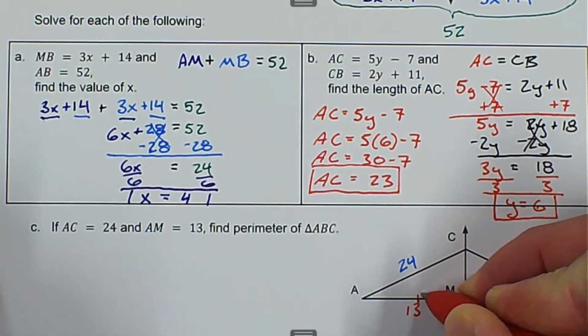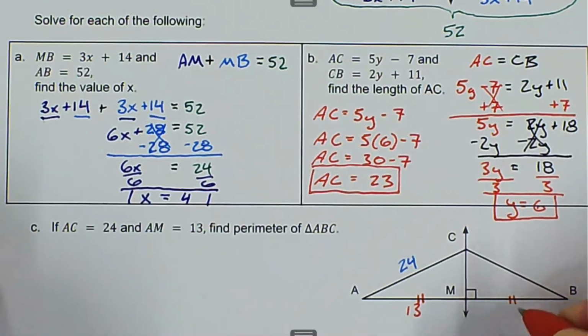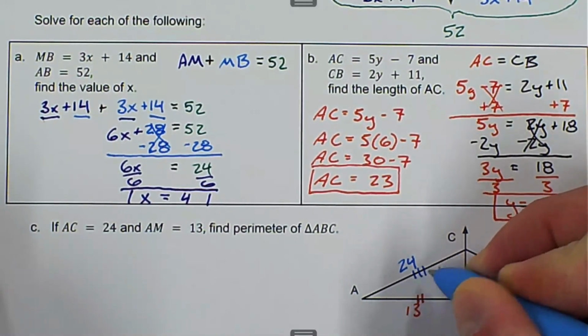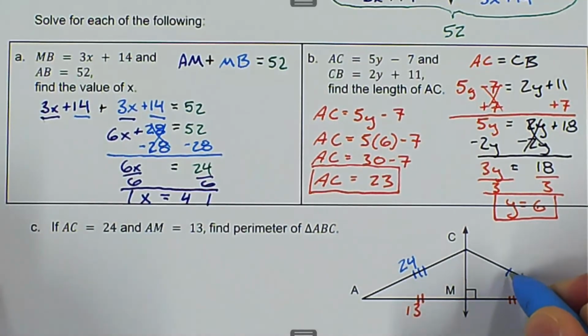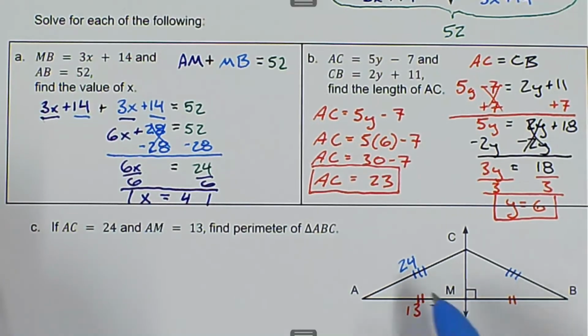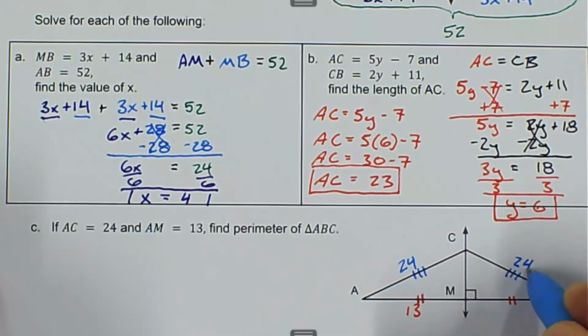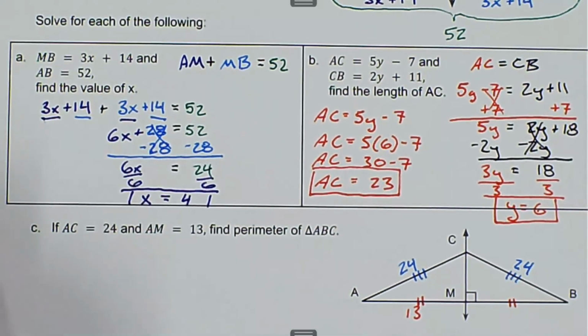What that means is that AM is congruent to MB, and AC is congruent to CB. Because we know that these are congruent by the perpendicular bisector theorem, if AC is congruent to CB, then they're both 24. And if AM is congruent to MB, then they're both 13.